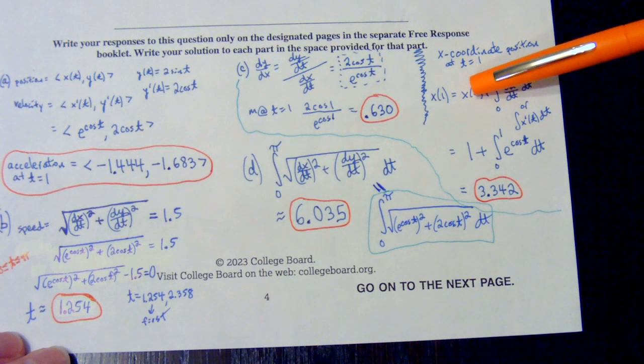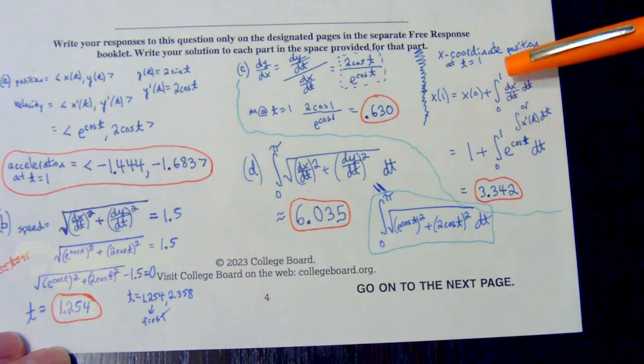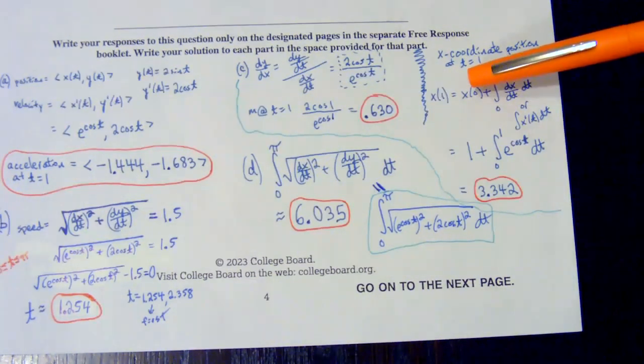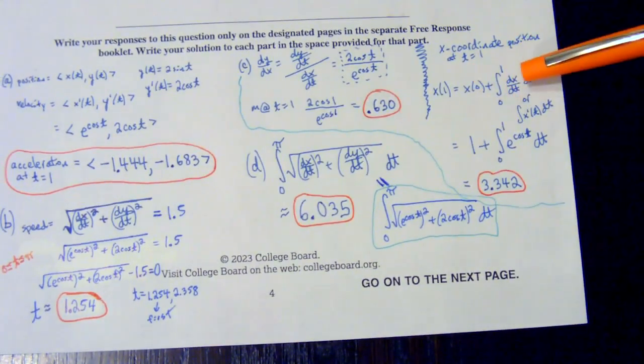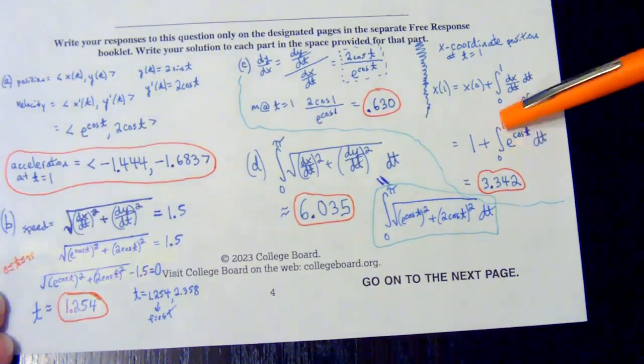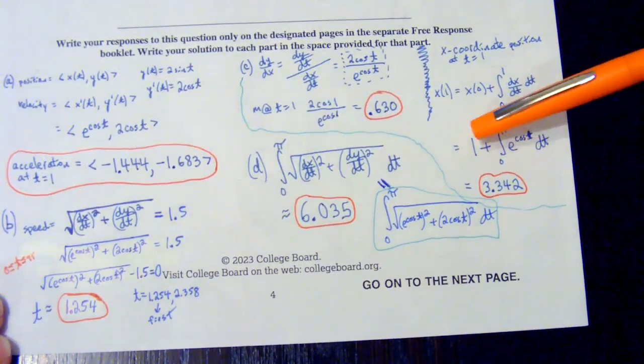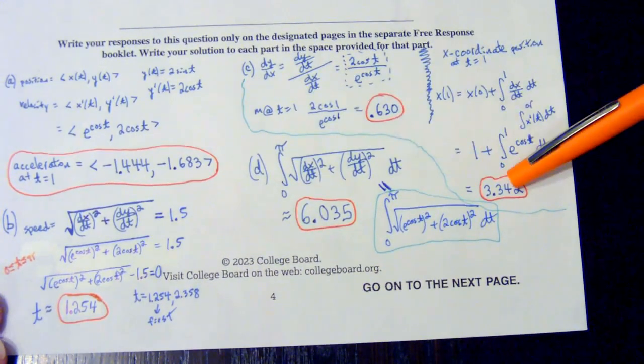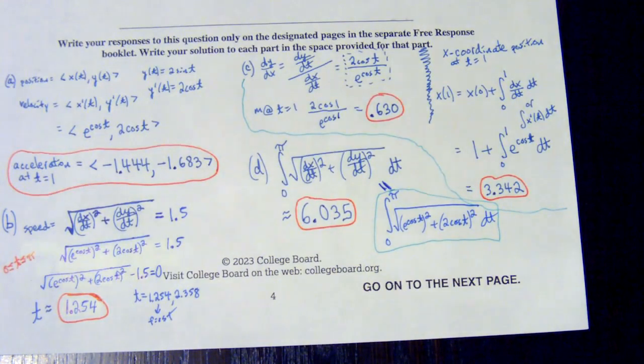I pick it up where I left off and integrate from 0 to where I want to go, 1. So there's your initial position, and then you're integrating how far you went. When you integrate that dx/dt between 0 and 1, math 9 that thing in between 0 and 1. It tells you how far you went, and taking into account your initial position gives that 3.342 number.